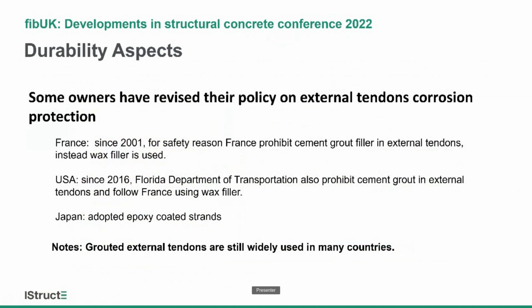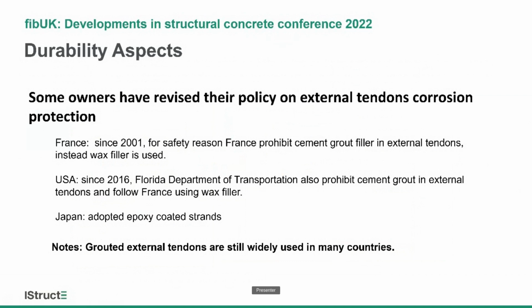So what had been consequences? There had been bans in certain countries for cementitious grout. France has forbidden it in 2001. USA was observing it, and here special incidents had been observed 2010 to 2015. Florida Department of Transportation was one of the first DOTs also prohibiting cement grout in external tendons.